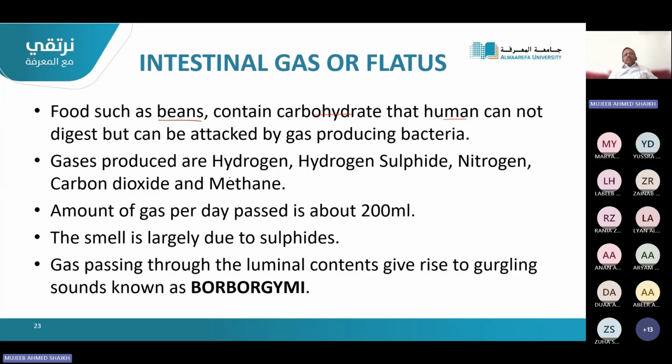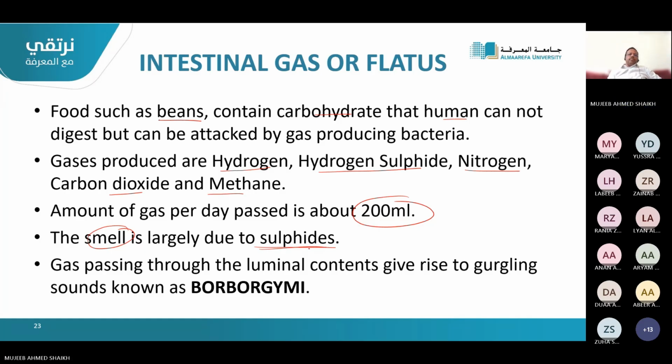The gases include a mixture of hydrogen, hydrogen sulfide, nitrogen, carbon dioxide and methane. Different combinations will be present in the gases. Around 200 ml of gas in a normal person is passed every day. The smell of this gas, flatus, is because of the presence of sulfide. The more sulfide, the worse the smell.